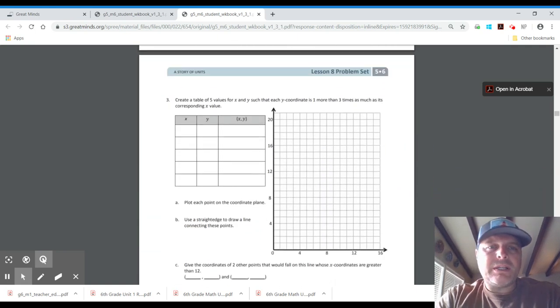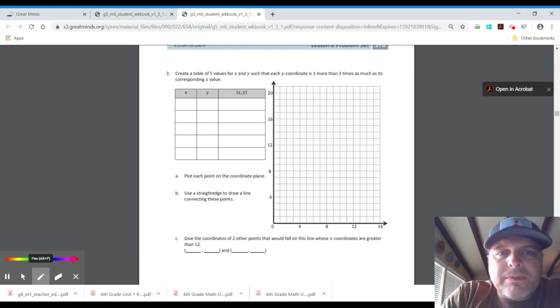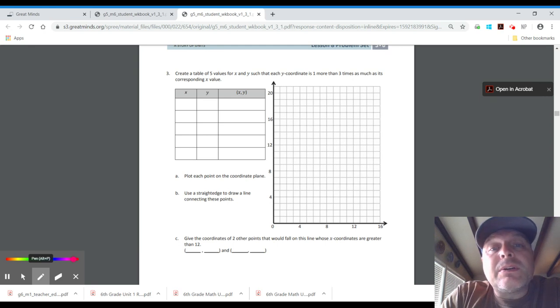Okay, number 3 we have here. And we have the same format as the one before, so create a table of 5 values for x and y such that each y coordinate is 1 more than 3 times as much as the corresponding x. Ooh, that's tricky.